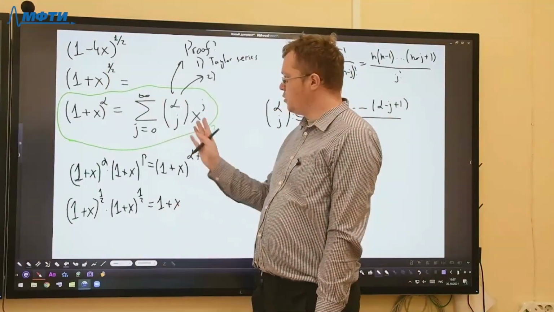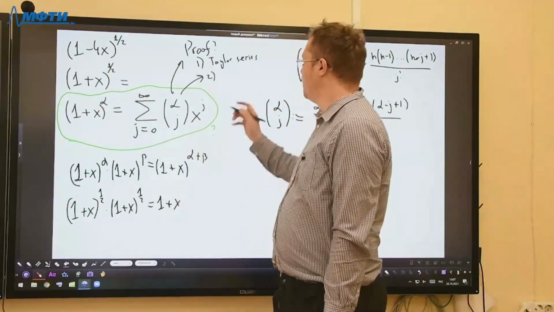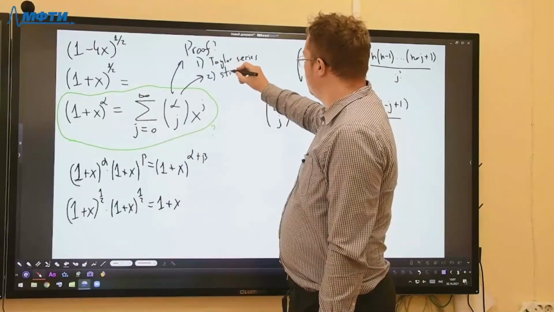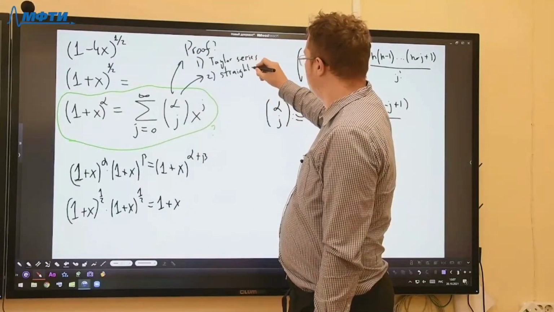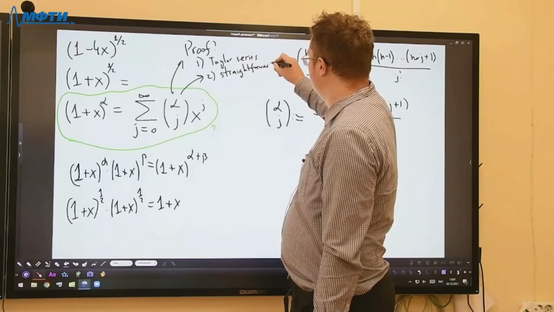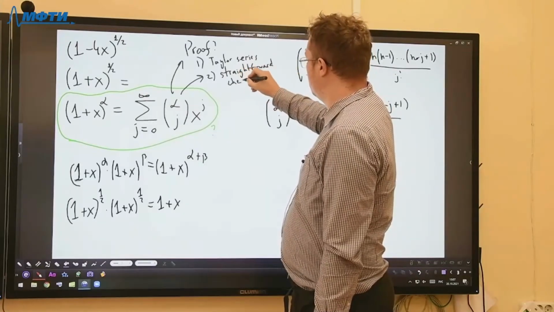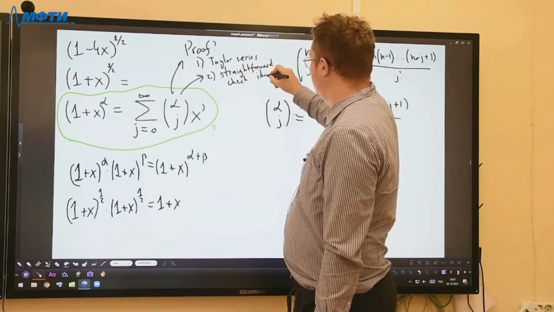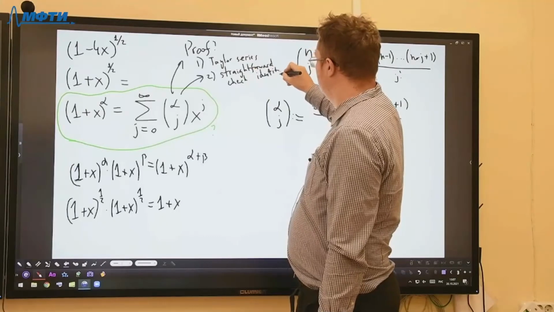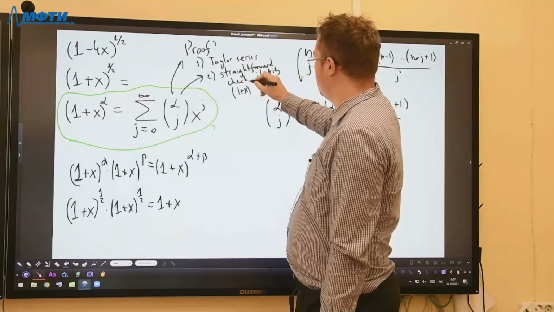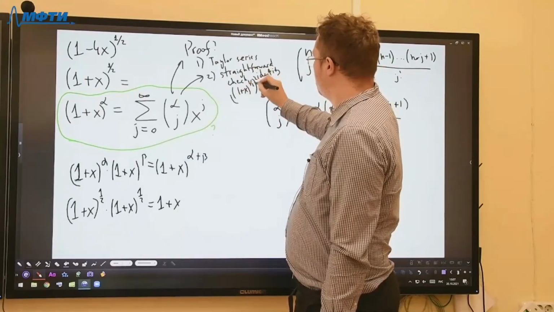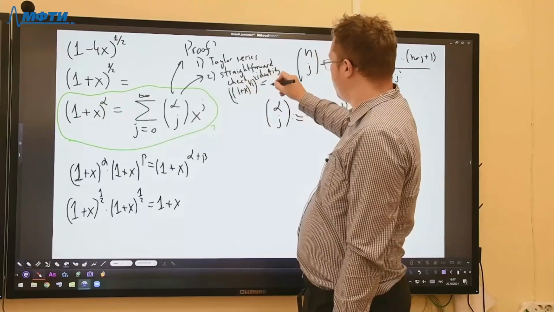So we just need to check some identity straightforwardly, that the square root of (1 plus x), squared, will be 1 plus x.